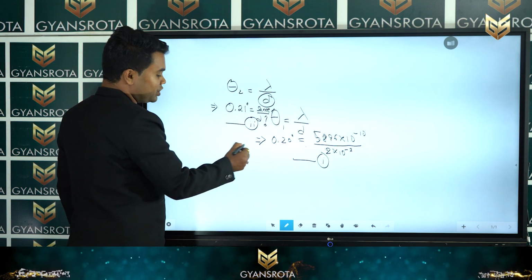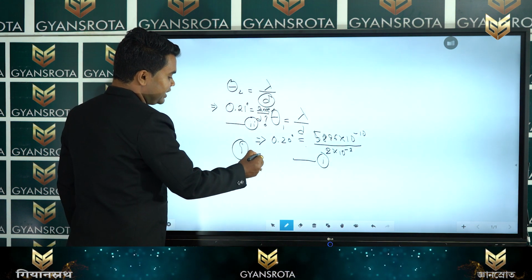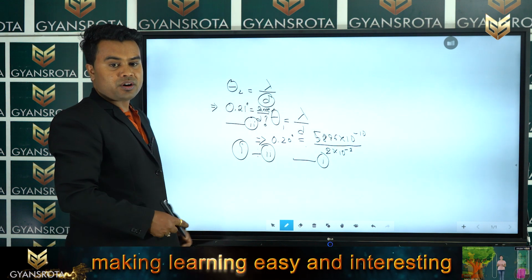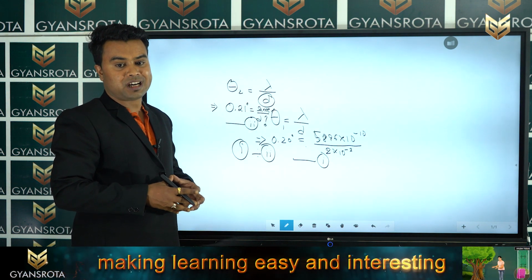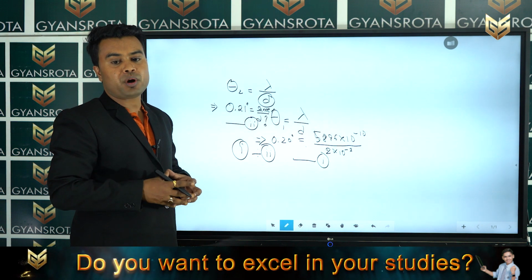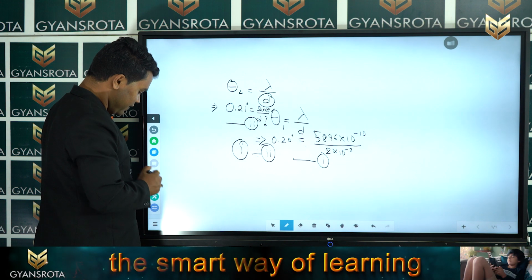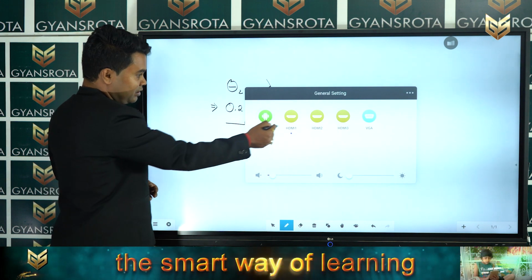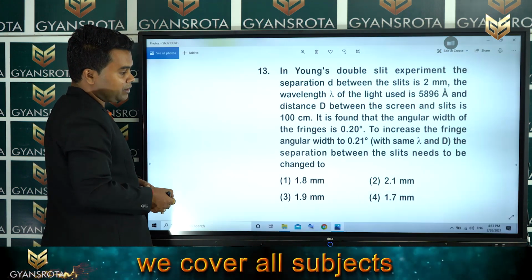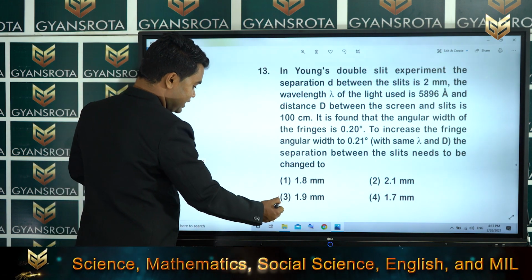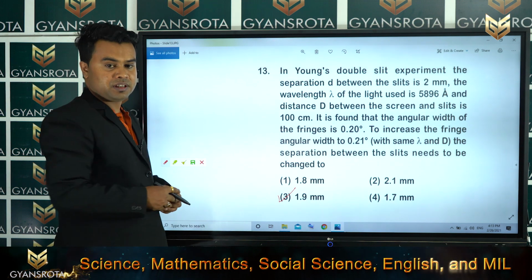Now what you will do? Just 1 divided by 2. If you do this, you will see that the answer is coming out to be 1.9 millimeter. Please try to solve it by yourself. I have given you the application. The answer needs to be taken by you. So 1.9 millimeter is the correct answer, option 3.